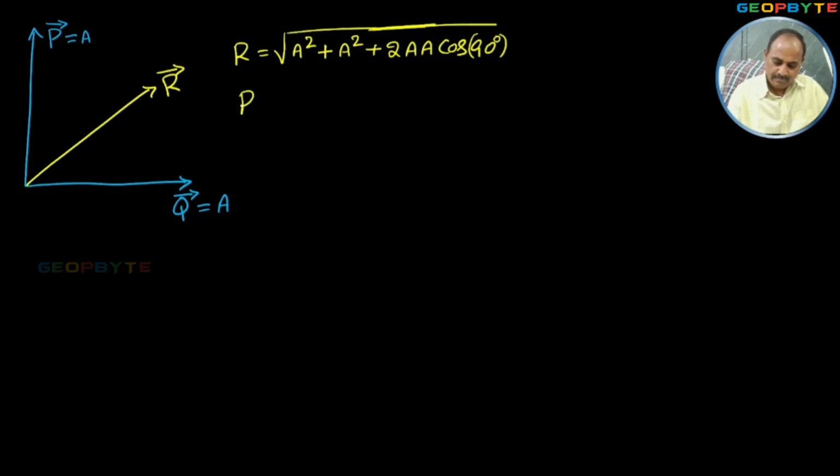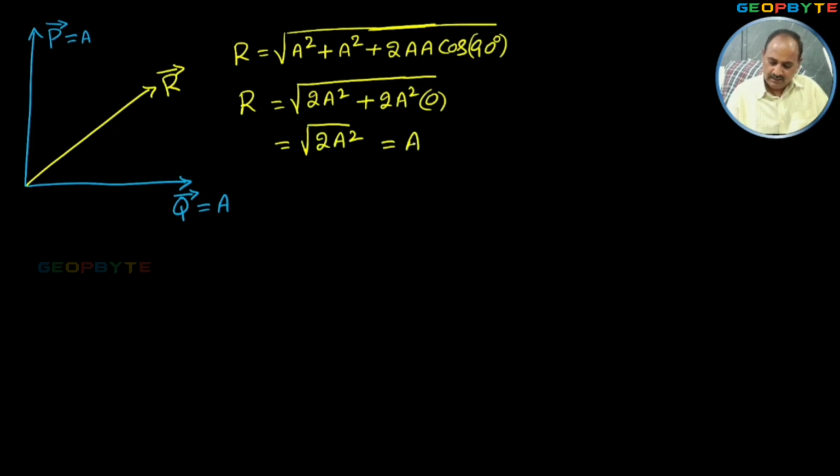So finally R equal to root of A square plus A square, that is 2A square, plus 2A square into 0. So this is equal to root 2A square, which can be written as A root 2. Because R is already given, let the resultant vector be named S. Yes. Now I need to change this R.